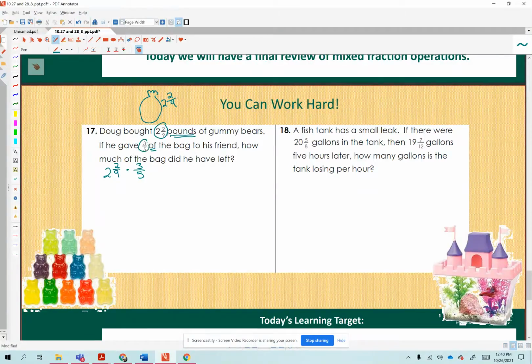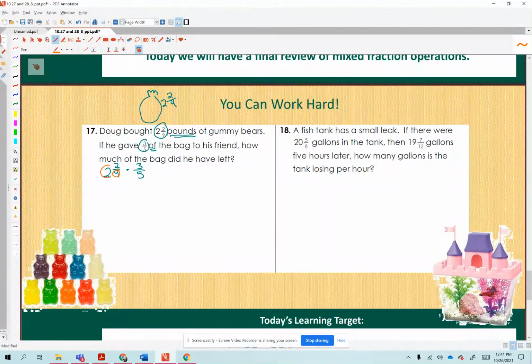The second fraction we have refers to an amount, 3/5 of the bag. It didn't say 3/5 pounds. If it said he gave 3/5 pounds to his friend, that would be a subtraction problem, but this is a multiplication problem.